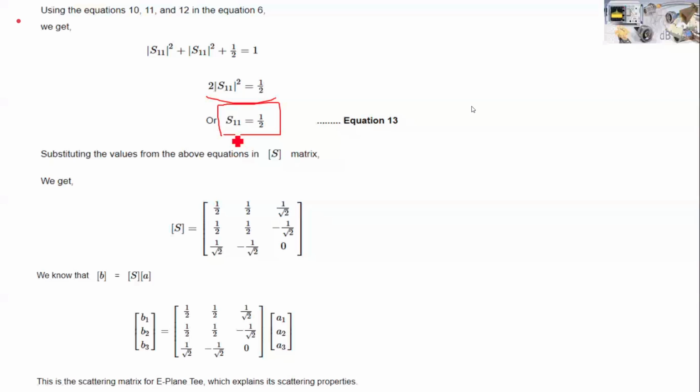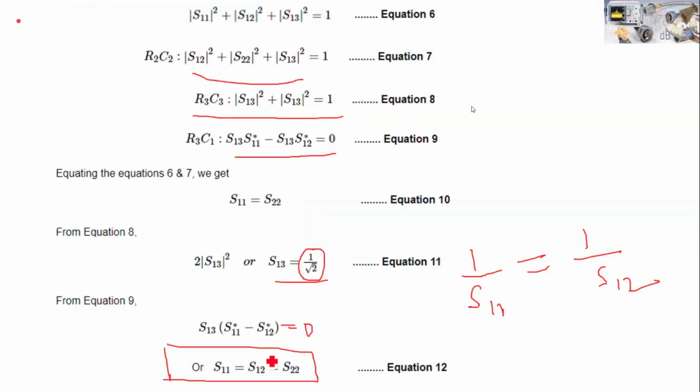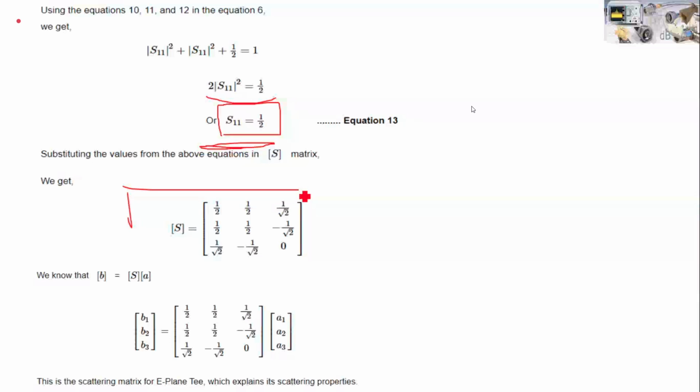Now if S11 is equal to 1 by 2, similarly S12 is also equal to 1 by 2 and S22 will also be equal to 1 by 2, which we have already proved. So corresponding to all these values we have found, now put them in matrix form. This is the matrix finally which we have got after putting the values after symmetry and perfect termination. So S11 is 1 by 2, S12 is 1 by 2.